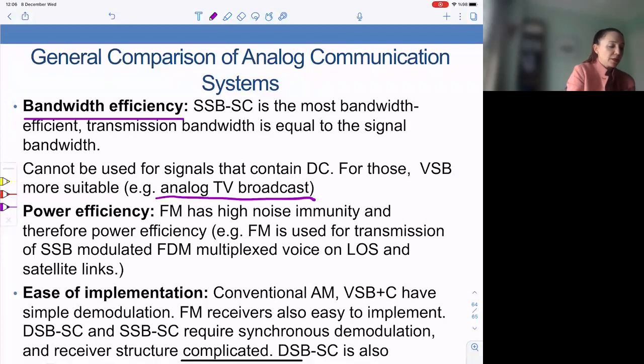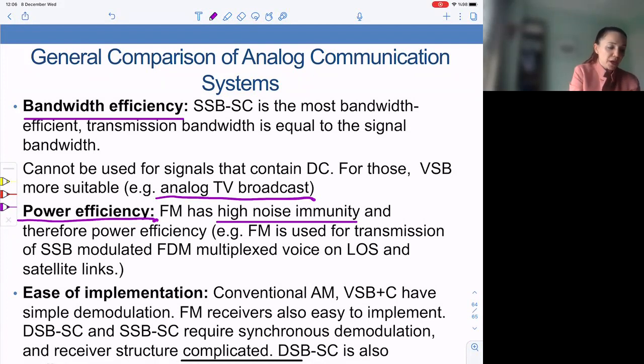Now, in terms of power efficiency, we've seen that FM has many dB more efficiency over amplitude modulation systems. It has high noise immunity, and that is the reason behind its power efficiency, provided, of course, you can use FM above threshold.